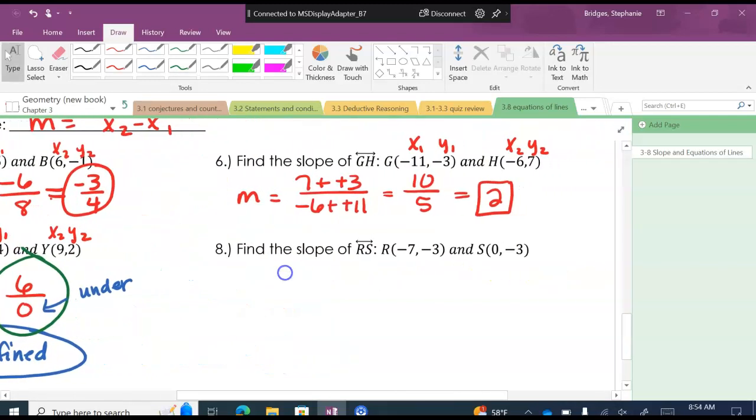All right, go ahead and do 8. Last one. Label your points. Plug it into your formula. Let's take a look at what happens to this one.